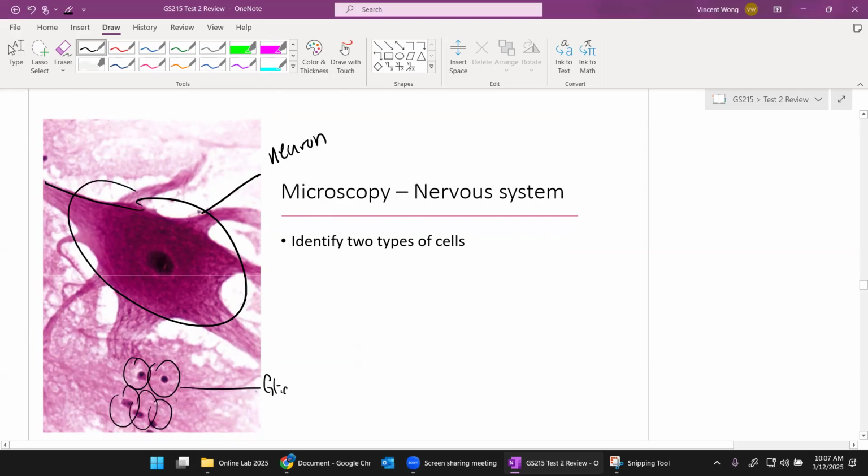Those would be the glial cells. Glial cells are supporting cells, like astrocytes form the BBB, ependymal cells form the CSF, oligodendrocytes and the Schwann cells, they form the myelin, right?